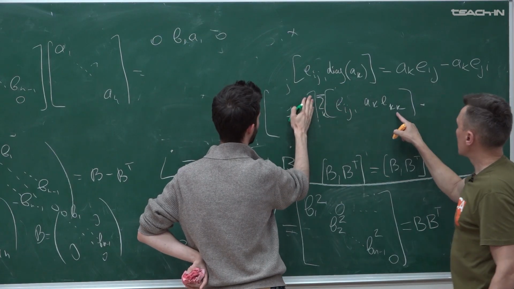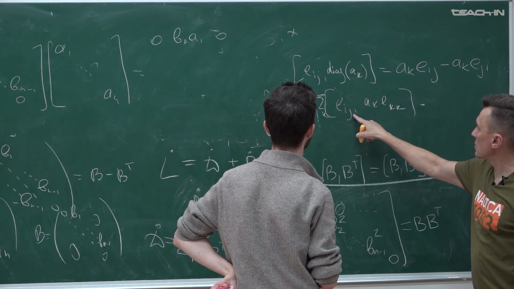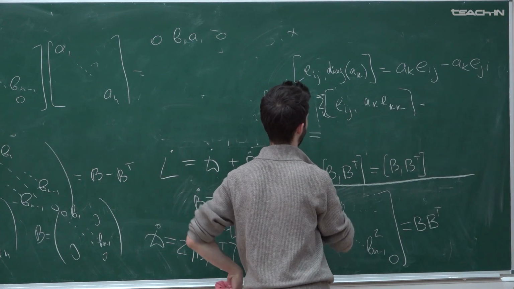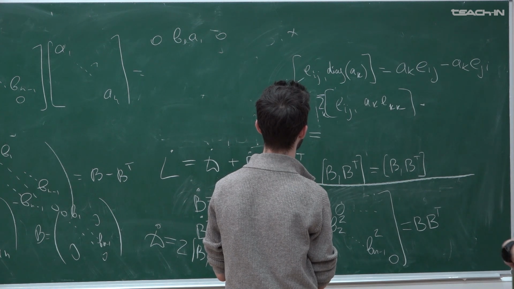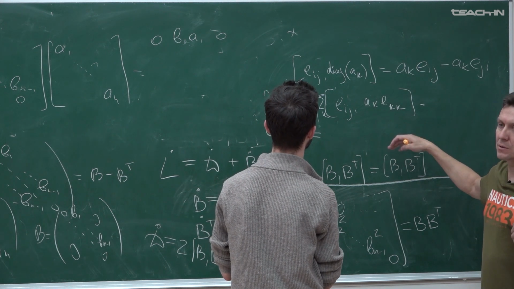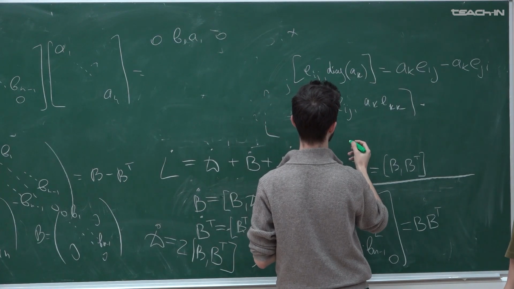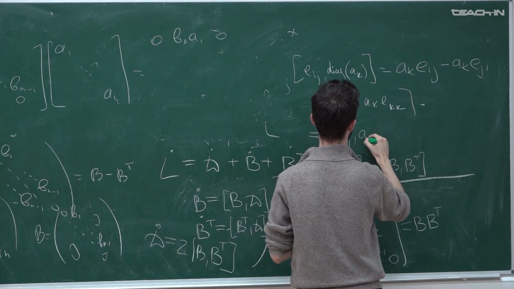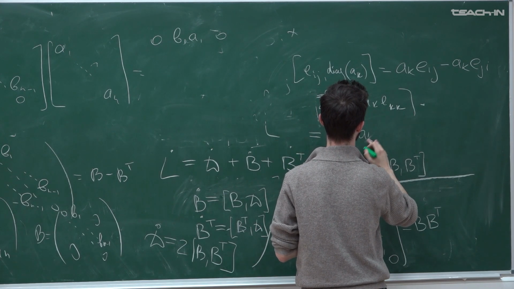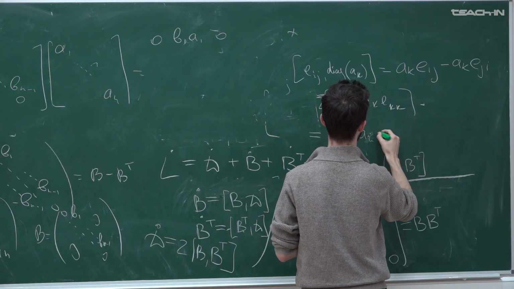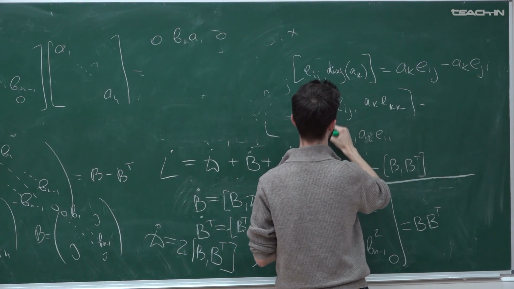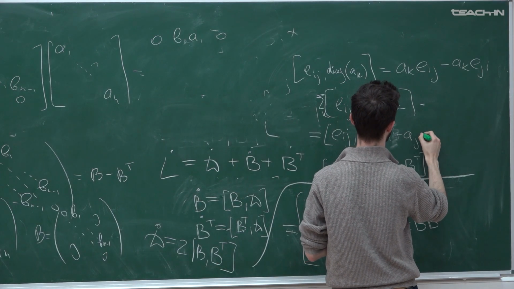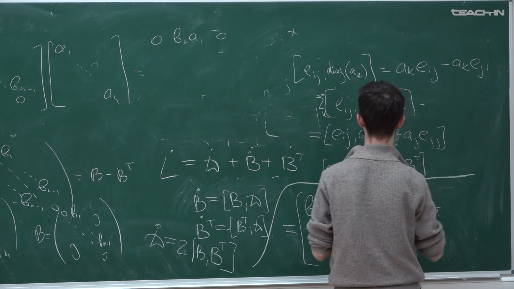Sum over k, and this e_kk interacts only if k is equal to j and if k is equal to i, only in these cases. So there are only two summands in this sum which are non-trivial. And the result is always proportional to e_ij.